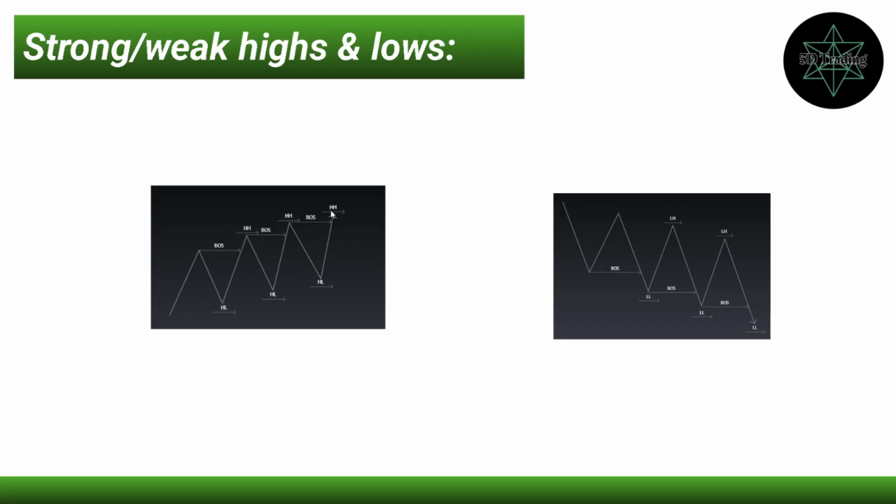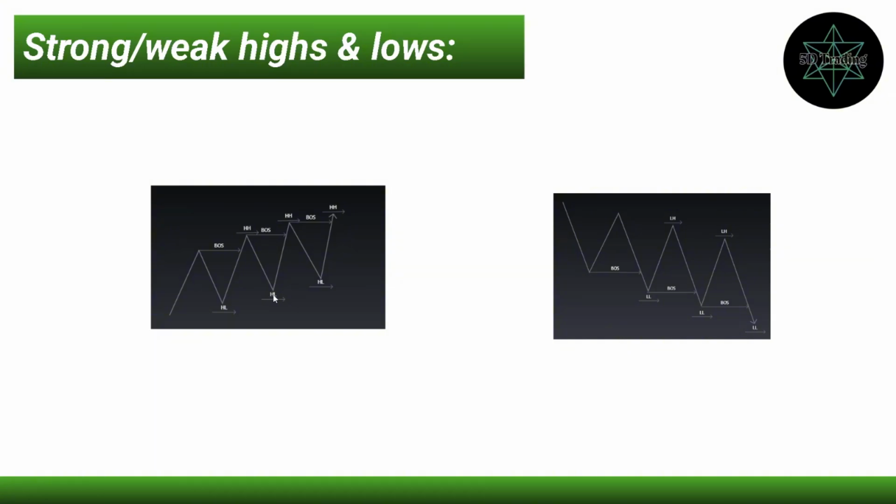On an uptrend here, a strong or weak high and low would be strong lows and weak highs, okay? So what we mean by this is when we're in an uptrend, we're putting in higher highs and higher lows. These lows are typically protected. It's what you'd call protected.